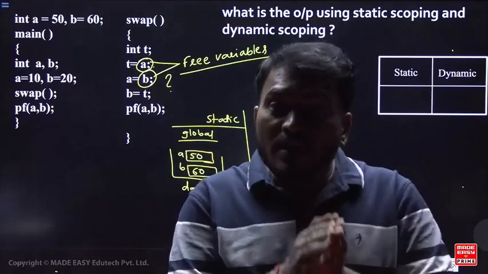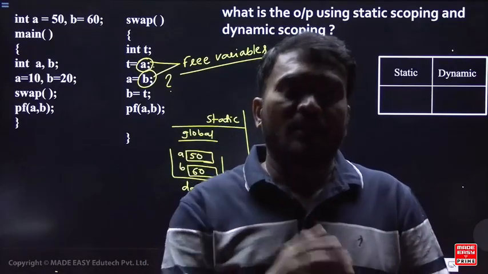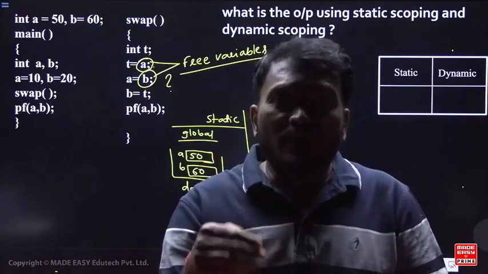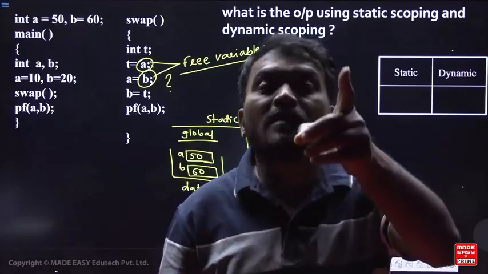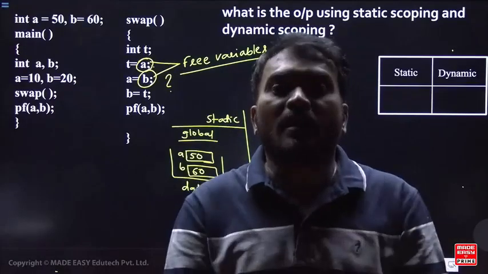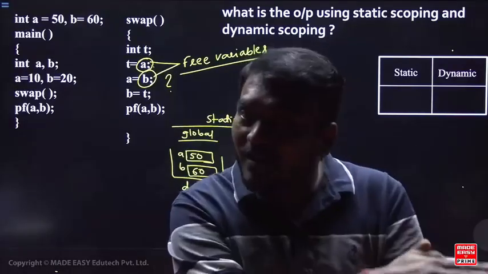If you follow static scoping, which variable a do you have to consider? The global variable a. If you follow dynamic scoping, which variable do you have to consider? The variable a of the previous calling function.